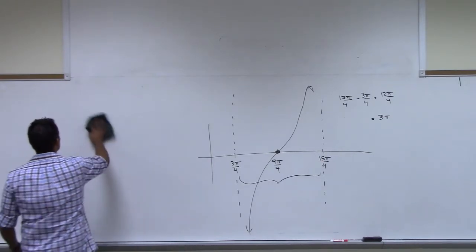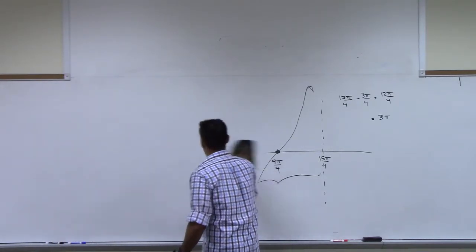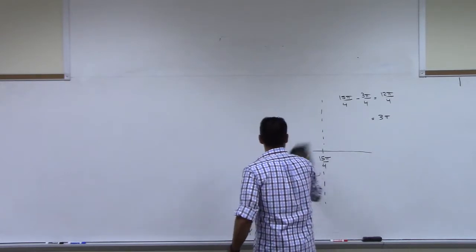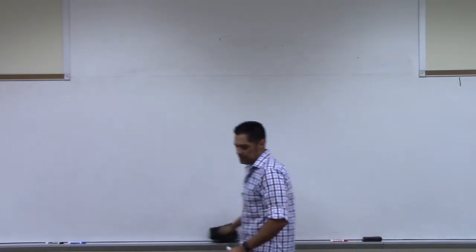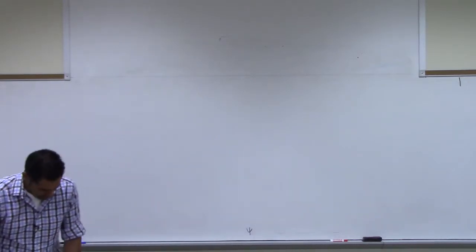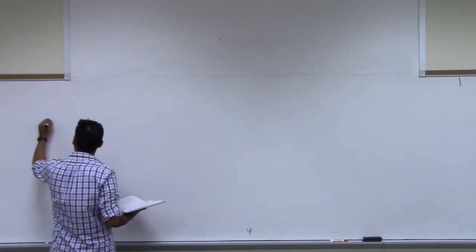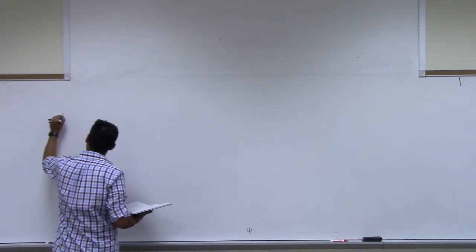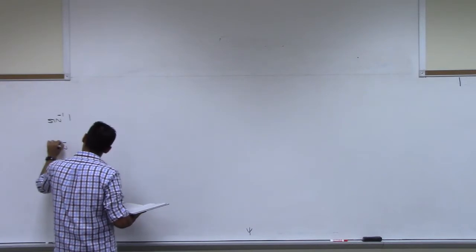All right, for chapter 8. Chapter 8 started out with the inverse trig functions. So how about, what's arcsine of 1? What's arctangent of 1?